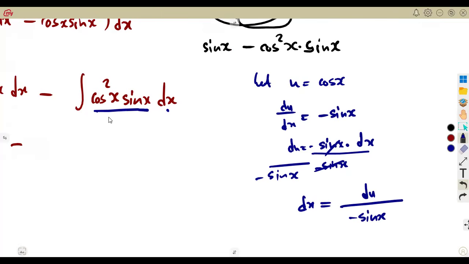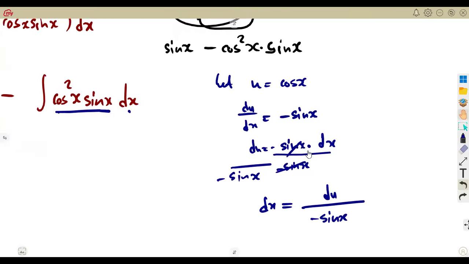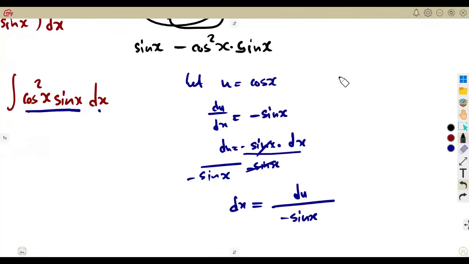So in integrating these, we integrate this as the integral of u squared times the sine of x times dx. Remember, our dx is now written as du over minus sine x.